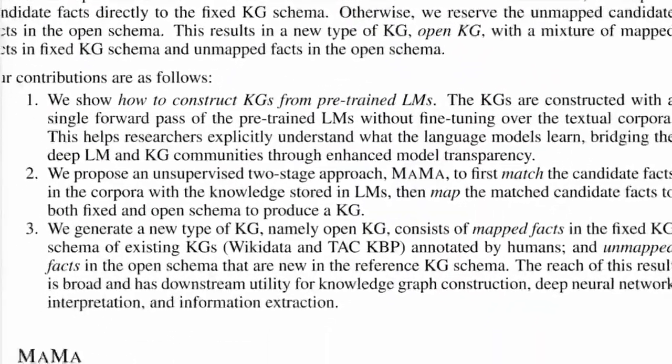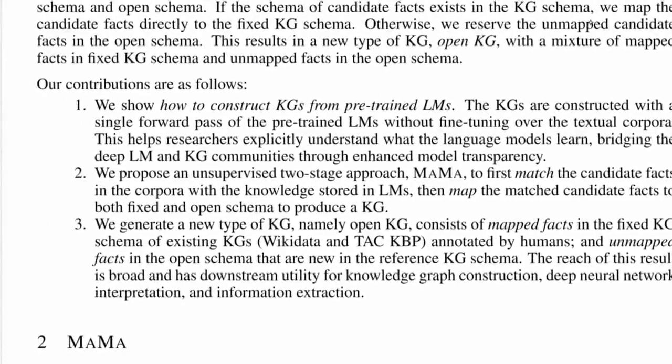They say the contributions are as follows. We show how to construct knowledge graphs from pre-trained language models. The knowledge graphs are constructed with a single forward pass of the pre-trained language models without fine-tuning over the textual corpora. I think this is a very strong point about this paper.